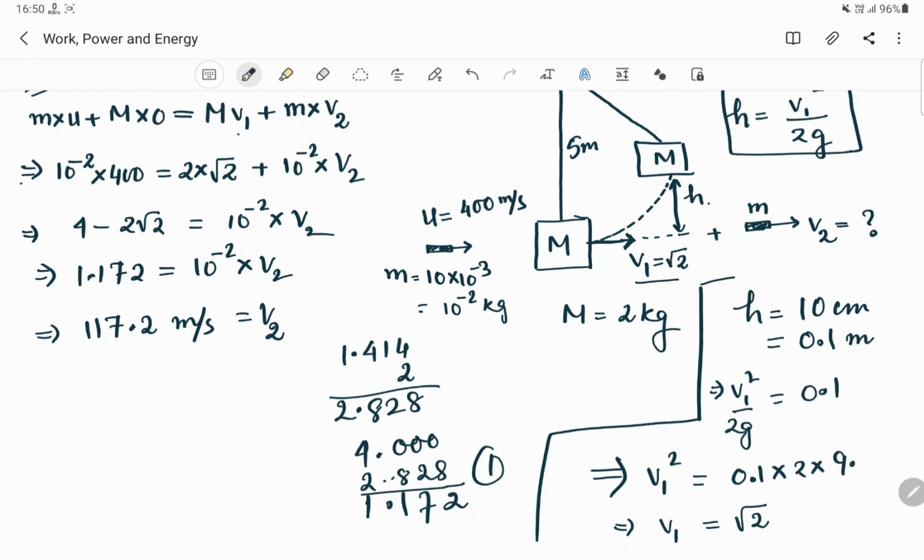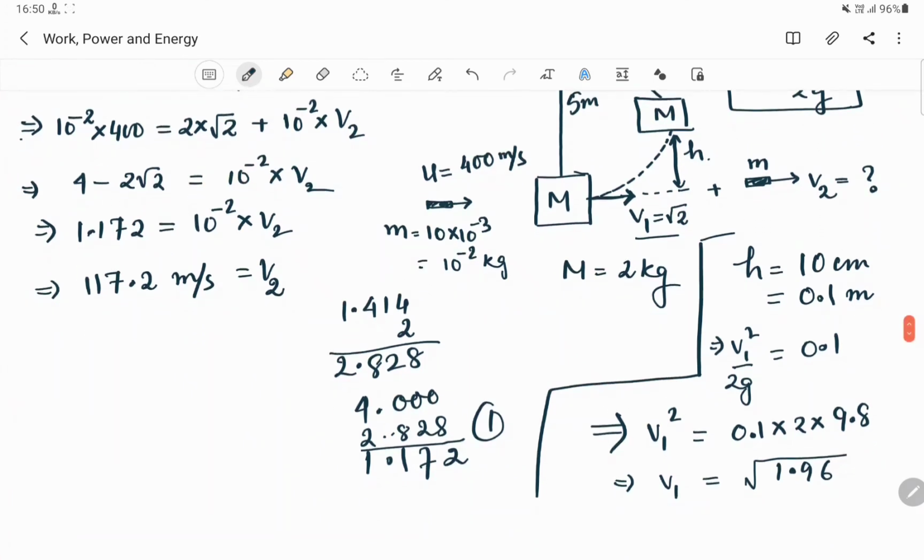You can put this as 9.8, and we will have root over 19.6, which gives 1.96 as our answer, and the answer will be 0.14.